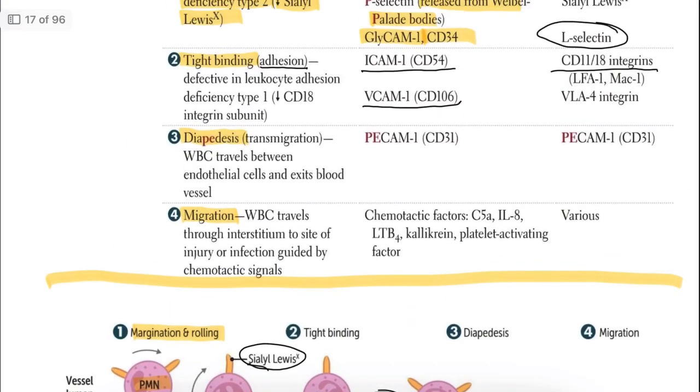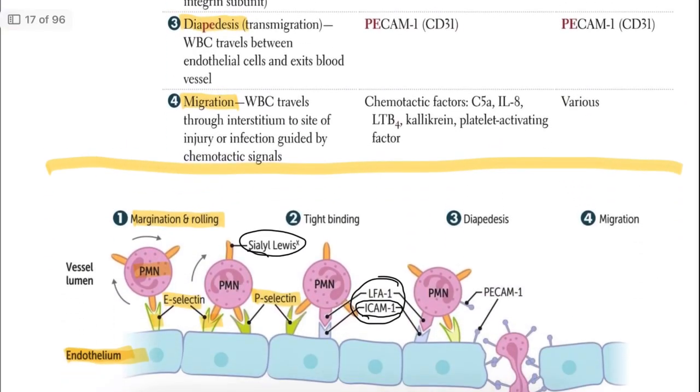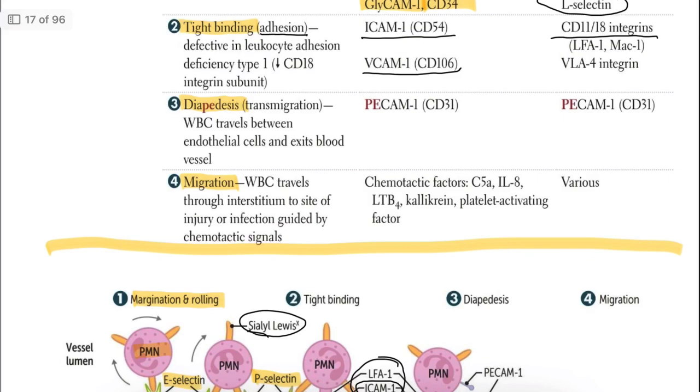Diapedesis is also known as transmigration. Here you can see the WBC squeezes between endothelial cells to exit the bloodstream. This is diapedesis, also called transmigration.